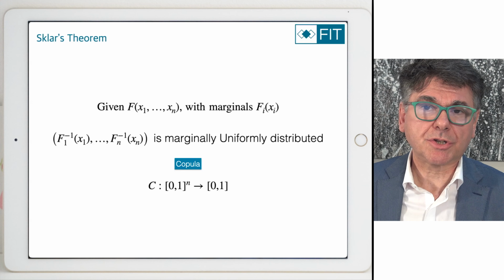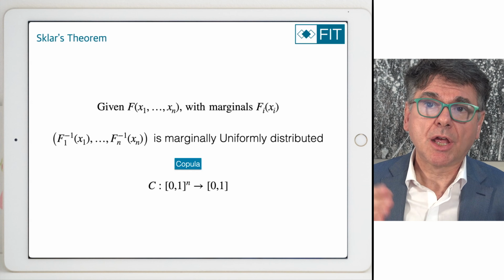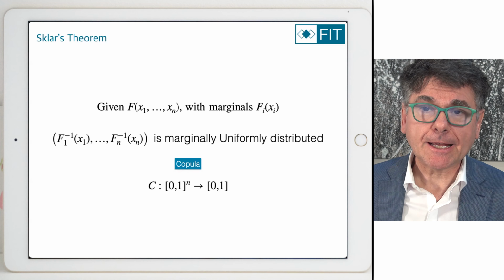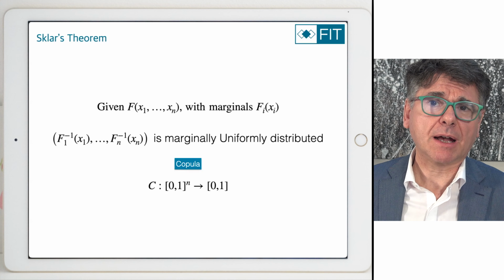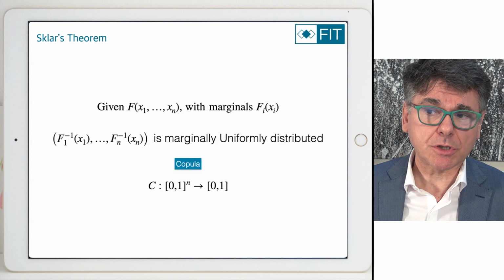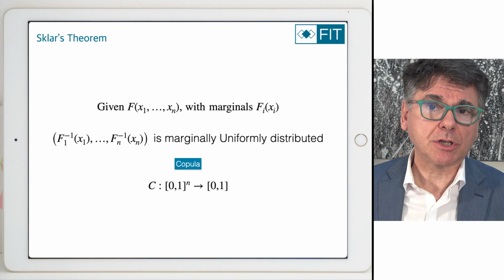It's the same Sklar's theorem that we said at the beginning. It's just we apply this one marginal at a time, right? If you have a certain distribution and you map it with the inverse cumulative distribution function, the result is a uniform distribution.